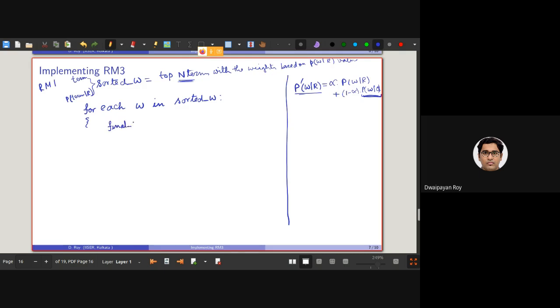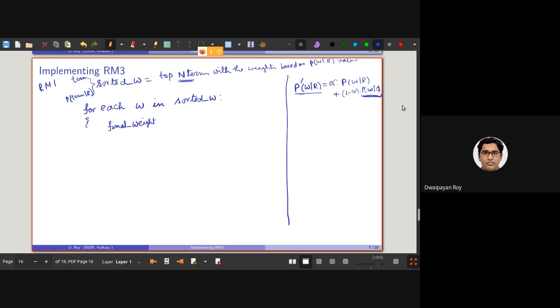Let's consider a variable here, final weight, which will contain the value. But before setting that, we need to compute this as well.